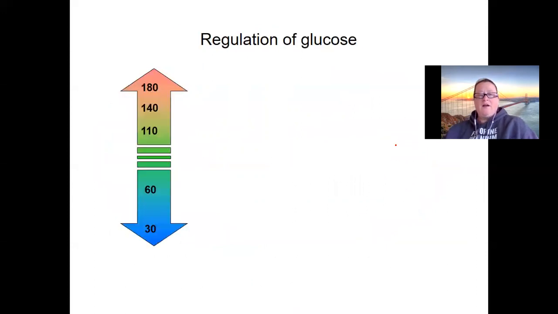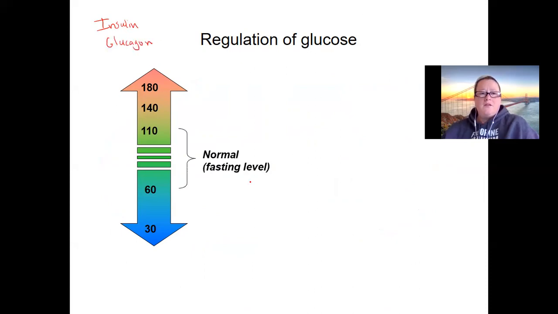Our bodies have a natural regulation of glucose through two hormones that we're going to talk about, insulin and glucagon. Our normal fasting blood glucose levels range from 60 to 110 or 70 to 100.